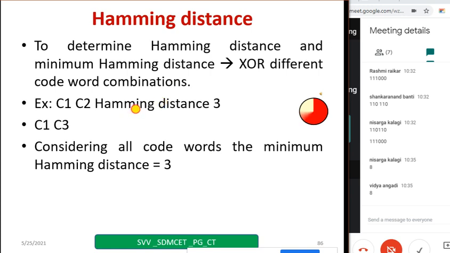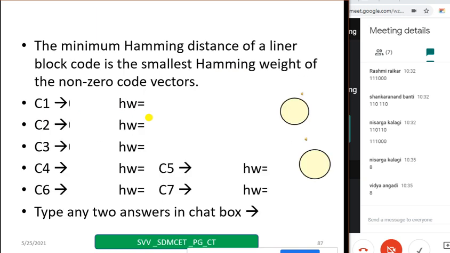Sometimes, to find out the minimum Hamming distance, I have to find C1, C2, C1, C3, C3, C4, like that. If I have a larger number of code words, I cannot compare each and every code word with another. That itself will become a big task for me. So another alternative: the minimum Hamming distance of a linear block code is the smallest Hamming weight of the non-zero code vector.